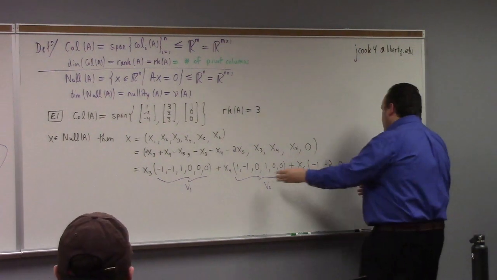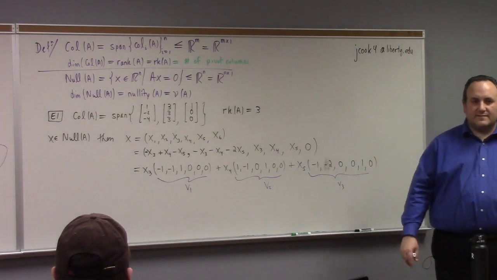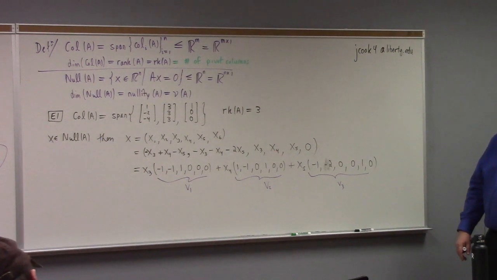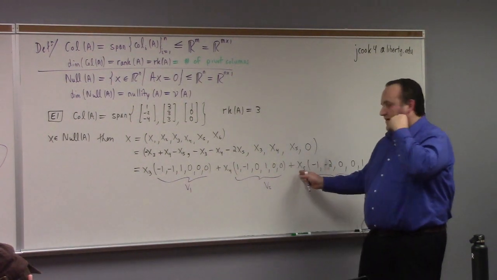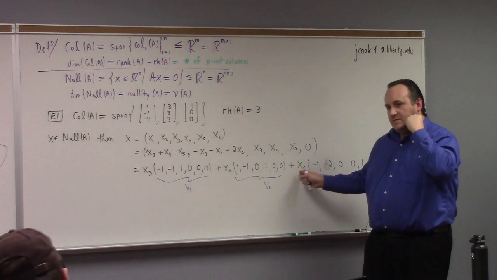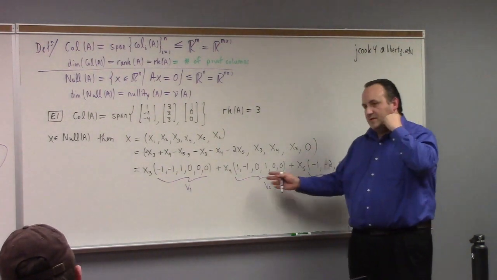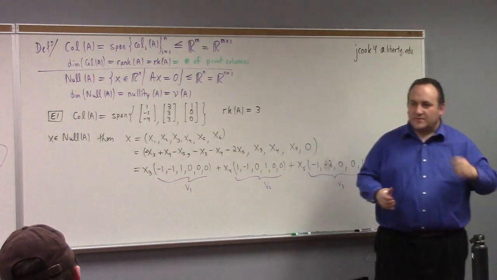What if V2 was 2 times V3? V2 is a linear combination of V3. What it ultimately would mean is that x4 and x5 are not independent. If these vectors are scalar multiples of one another, then you can put them together, and it ends up interlinking the variables.